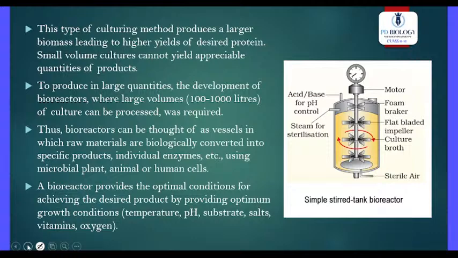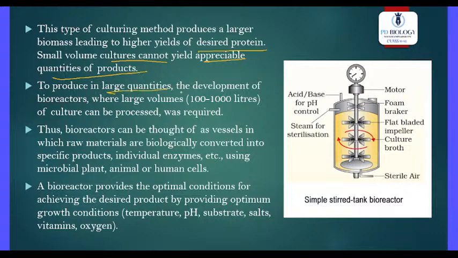This type of culturing method produces larger biomass and higher yields of the desired protein. Small volume cultures cannot yield appreciable quantities of products.